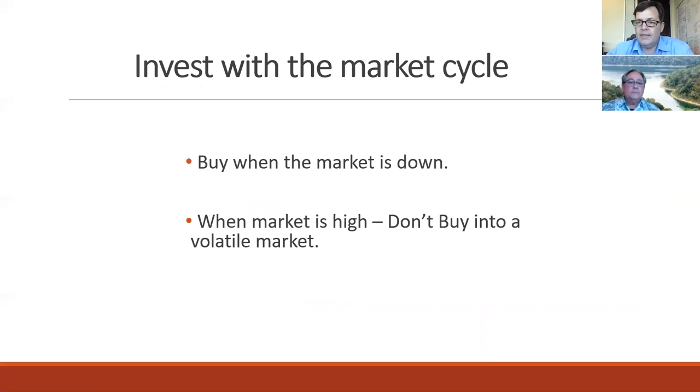So what's important is that you understand that the market cycle can dramatically affect the type of returns that you receive. So it's very important that you don't buy when the market's high, but you buy when the market's low in a volatile market.